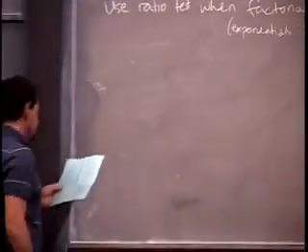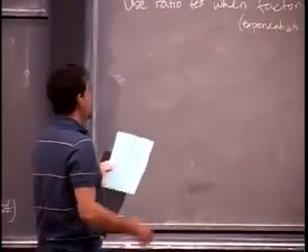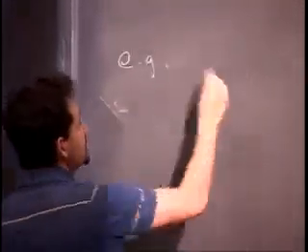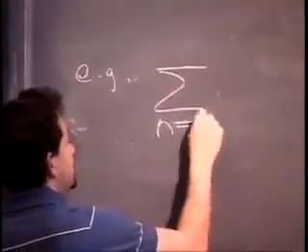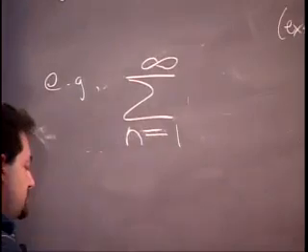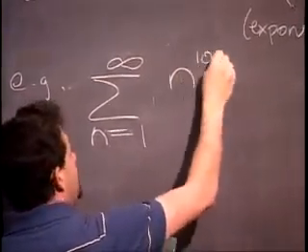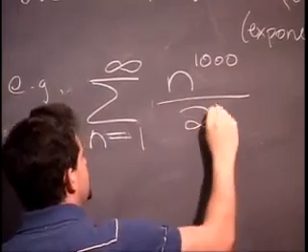All right, so let's look at a few examples. Here's a few first that don't involve factorials, a couple at least. So we'll take the sum from n equals 1 to infinity, n to the 1,000 over 2 to the n.